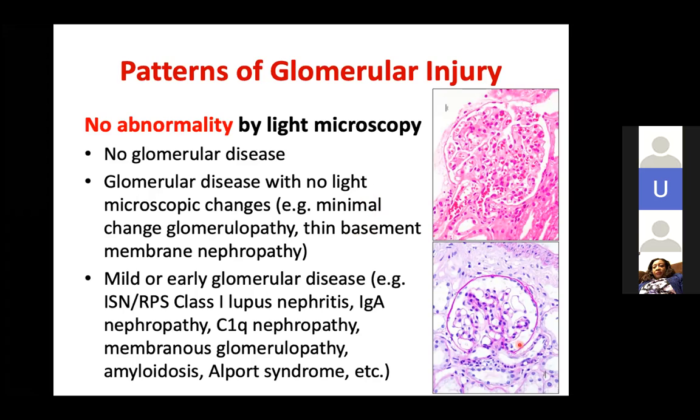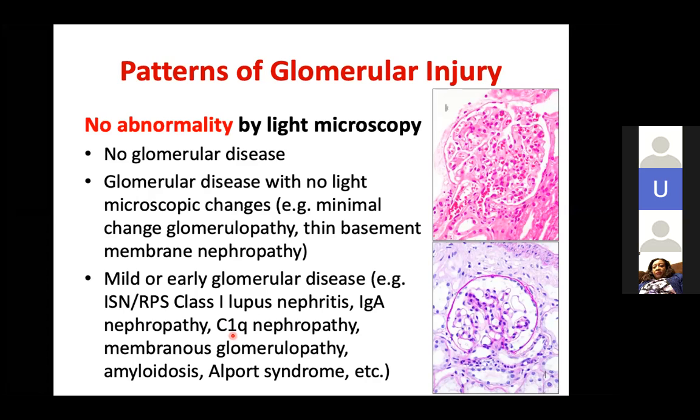Similarly, this normal glomerulus in a setting of lupus could still mean a class 1 lupus nephritis, right? A normal glomerulus, when I see immunofluorescence, if it shows me some positivity with C1q, my diagnosis will change to C1q nephropathy or C3 nephropathy.